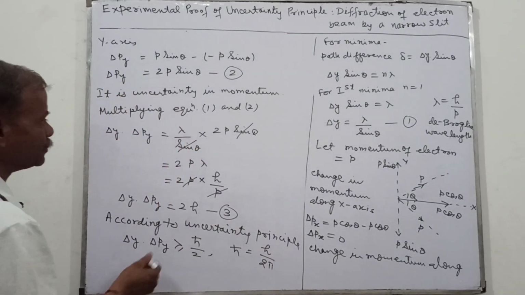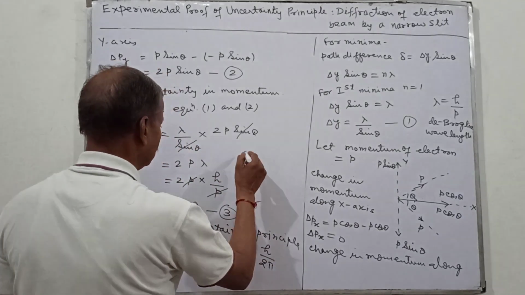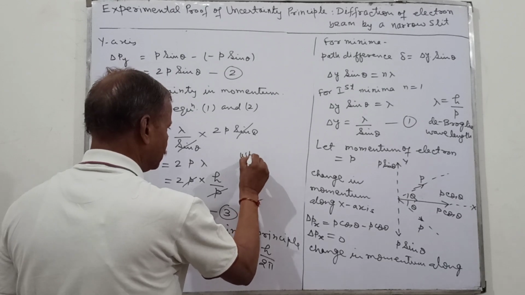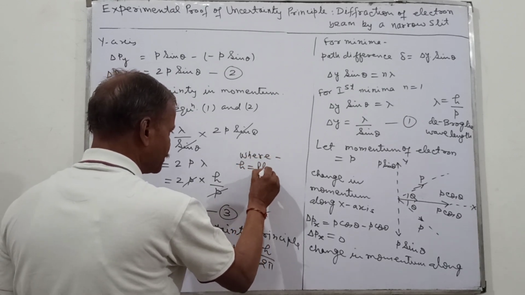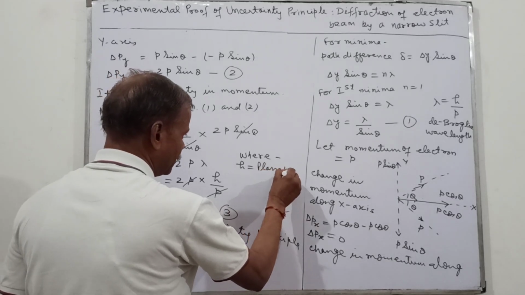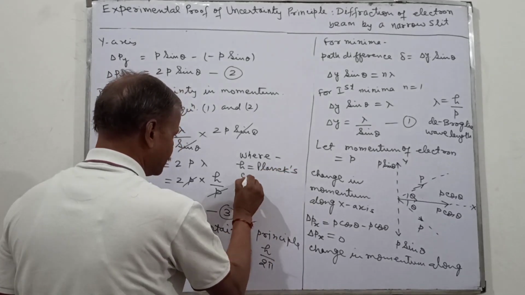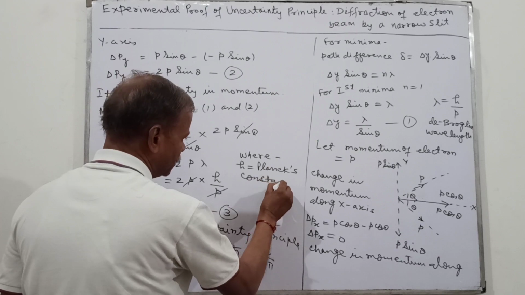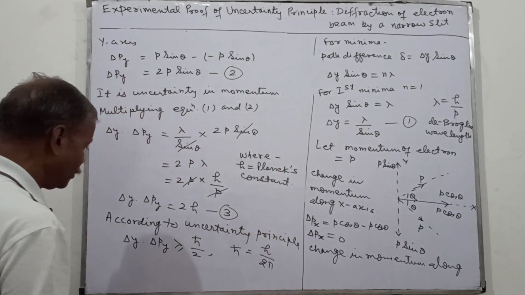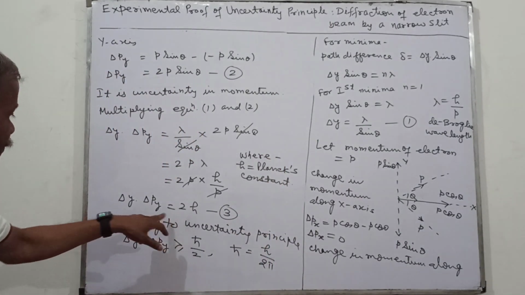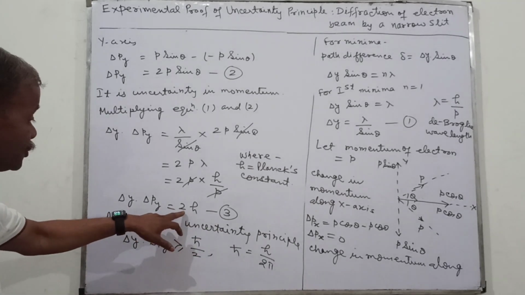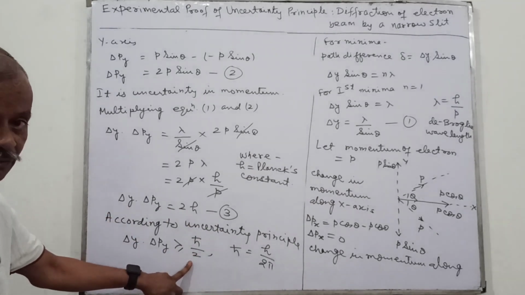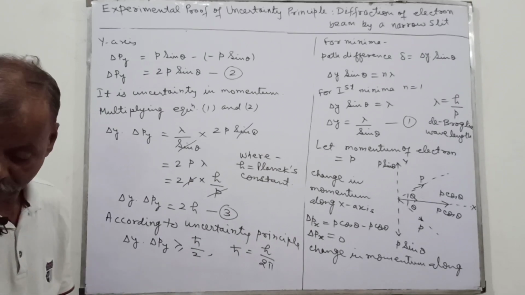Here h is Planck's constant. So it can be seen that this product in equation 3 is equal to 2h, and this 2h is greater than h cross upon 2.